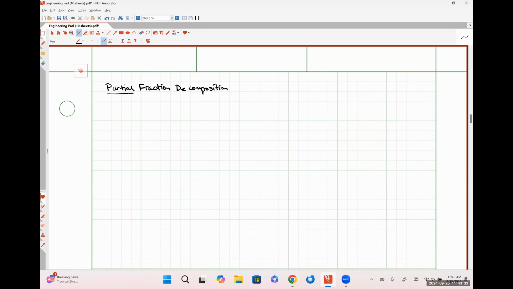So let's say to start with that I have some function in the frequency domain, F of s, that is of the form: some numerator up here, s to the mth power plus some constant k1 times s to the m minus 1th power plus k2 times s to the m minus 2, all the way out to k sub m s to the 0, which is just a fancy way of saying some constant term.